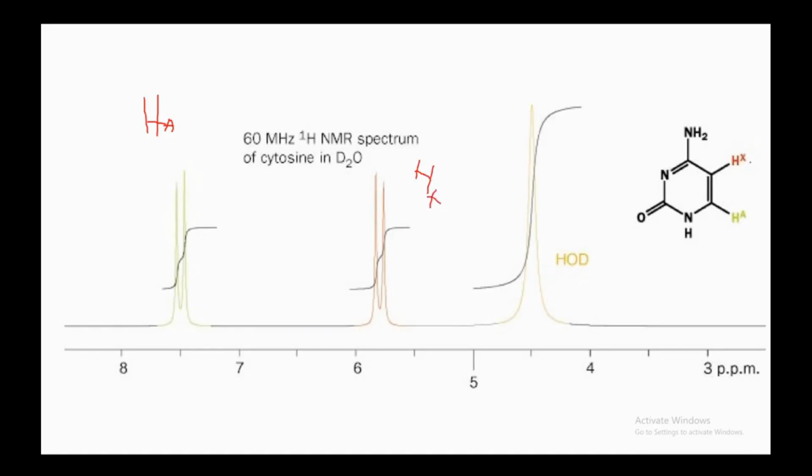Hence this HX couples with HA to give you the doublet, and this HA couples with HX to give you the doublet. This is the d for doublet of HA, and this is the d for doublet of HX. This is the proton NMR at 6 megahertz, and this is how we write proton NMR, and the solvent that we have used is D2O. And now let's have a look at the other examples, then we will find out more details about this.